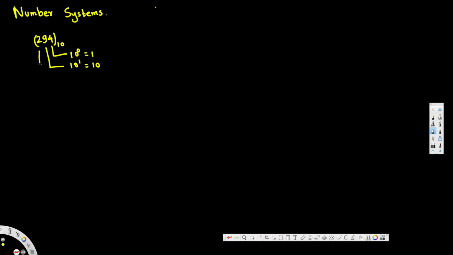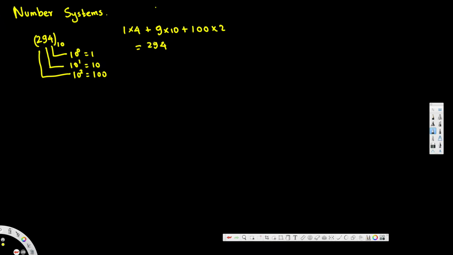And the weight of this one is 10 power 2, 100. It always starts from 0, 1, 2. Now 1 times 4, plus 9 times 10, plus 100 times 2, you will get this number back, 294. This is the decimal number.